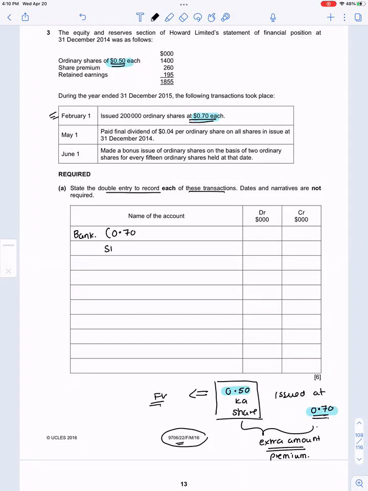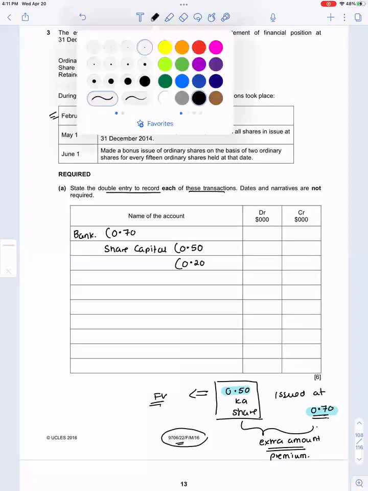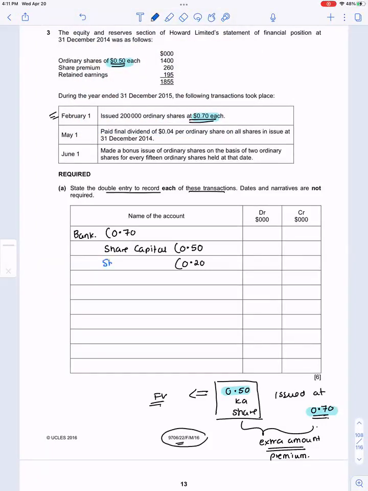But in the share capital, you can only put the face value. Nothing over and above the face value. The extra 0.20 that you receive goes in a special account which is called the share premium account. Am I clear with this?